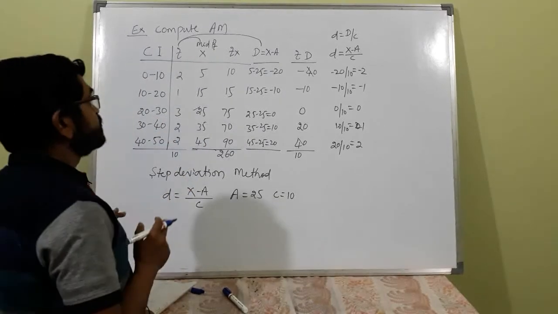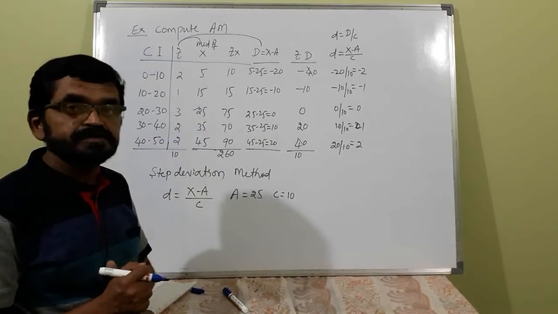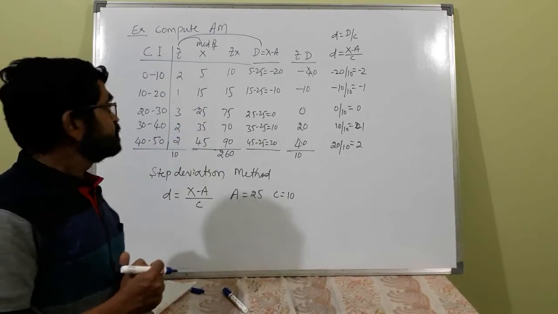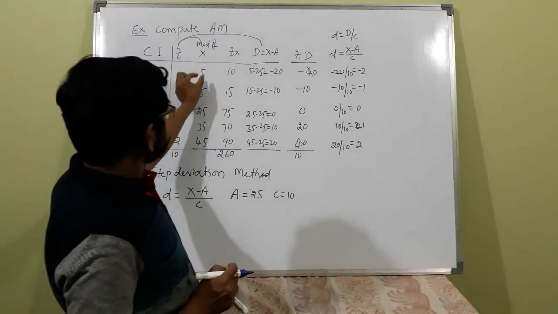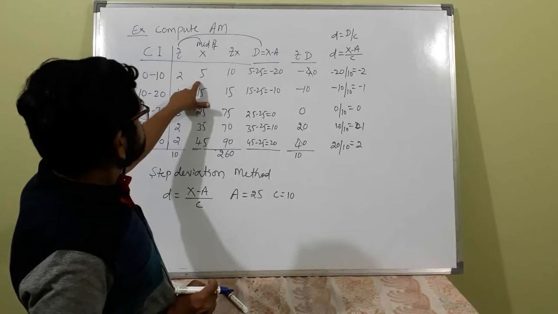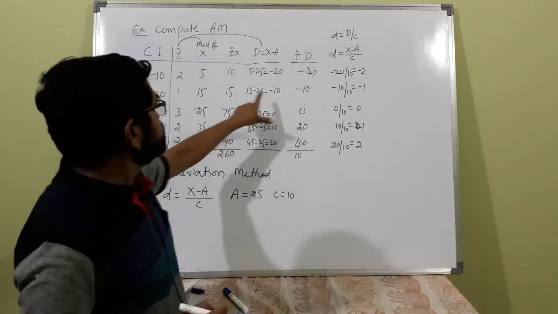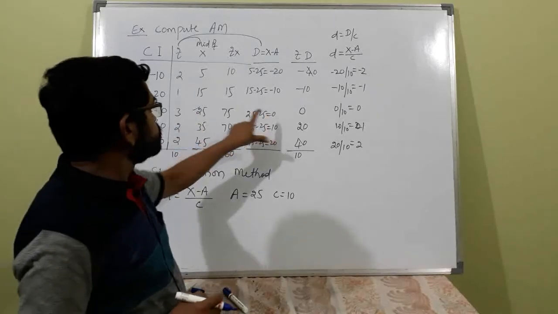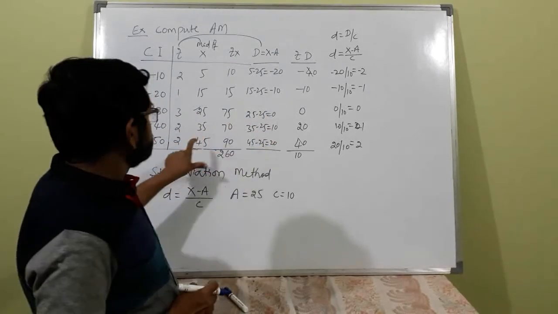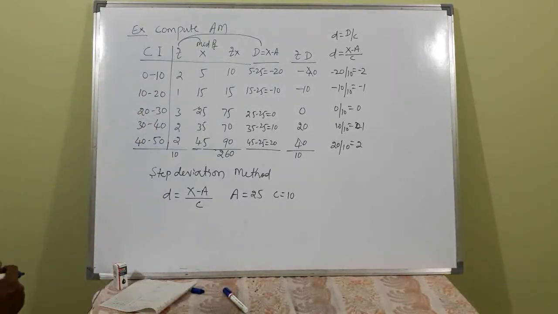But our intention is, why we are taking these deviated values? Because to reduce the size of these values. See here, this 5 becomes minus 20, 15 becomes minus 10, 25 becomes 0, 35 becomes 10, 45 becomes 20 by taking deviated values.